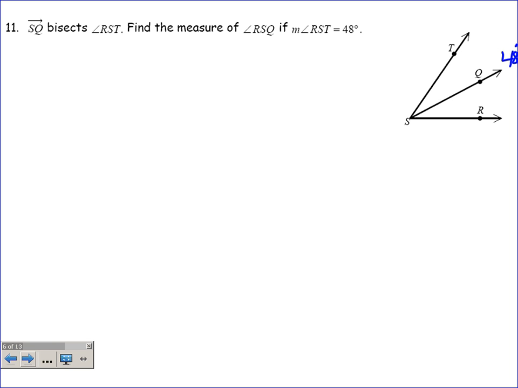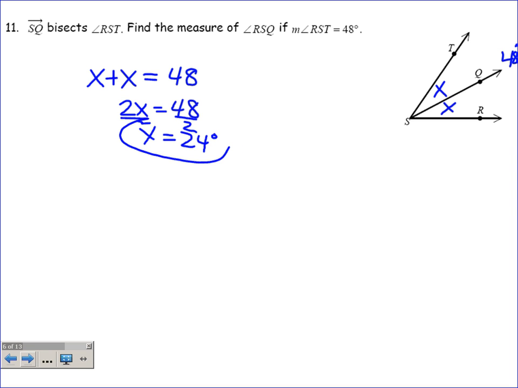Since these two are the same measurement, because they're angle bisectors, you can say they're x and x. So x plus x equals 48, that's 2x equals 48. When you divide by 2, x equals 24 degrees. So the measure of angle RSQ equals 24 degrees.